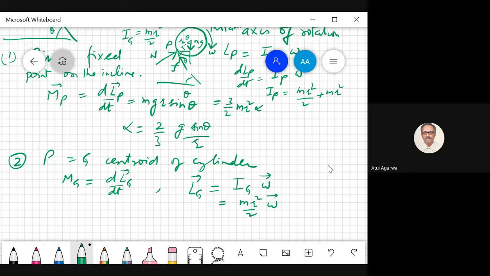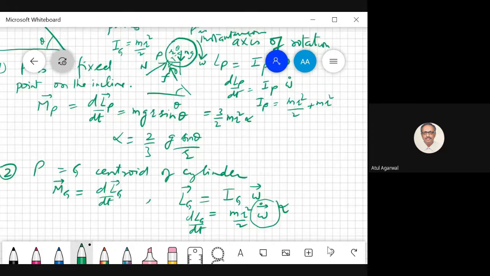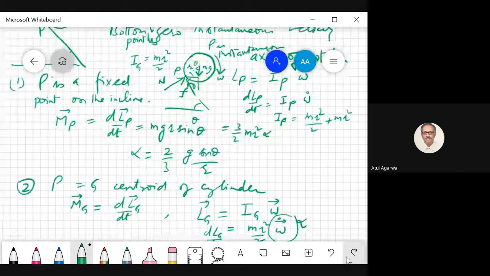So what is your dL_G by dt? This is your alpha. Now what is the moment due to the forces? Suppose we use this diagram only.